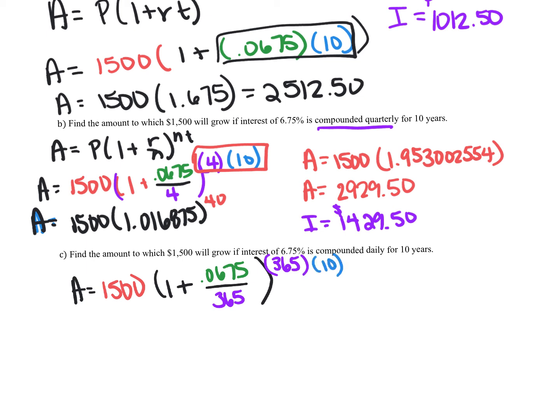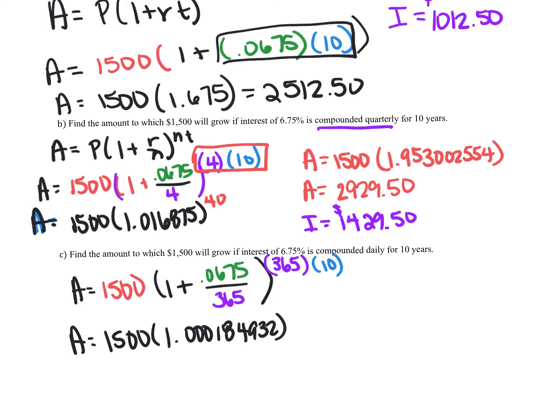When I calculate 1 + 0.0675 divided by 365, I get a very small number close to 1, 1.000184.